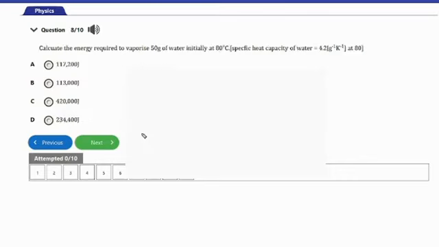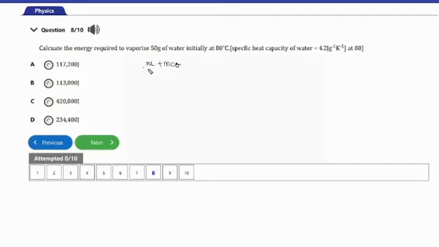So guys, the next question here is question number 8. It says, calculate the energy required to vaporize 50 grams of water initially at 80 degrees Celsius. The specific heat capacity of water is 4.2 joule per gram per Kelvin, and then the specific latent heat of vaporization here is 2260 joule per gram. So guys, actually the energy required here can be stated as ml plus mc theta.